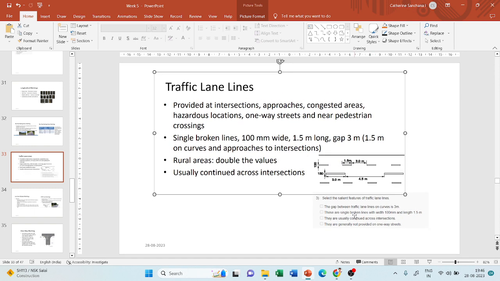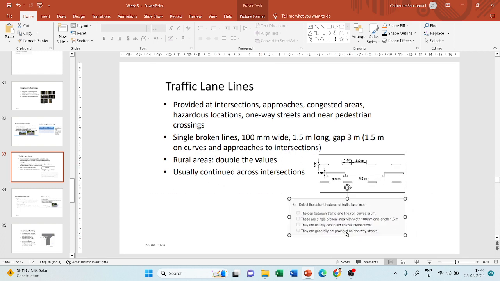So the gap between traffic lane lines on curves is 3 meters. It is given here that single broken lines are 100 mm wide, 1.5 meters long, and the gap is 3 meters, right? So 1 is correct.